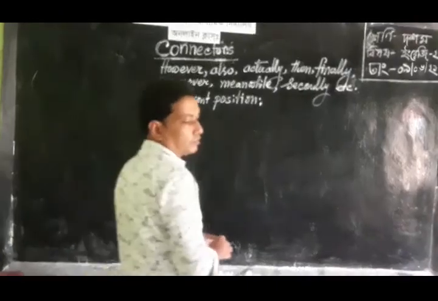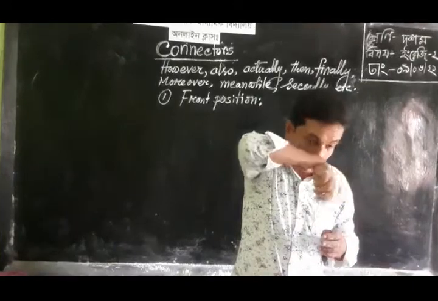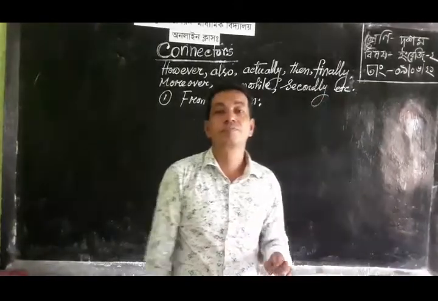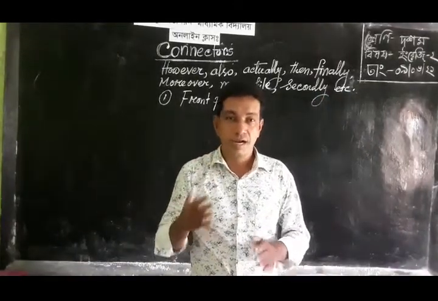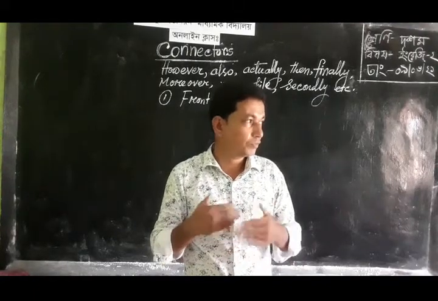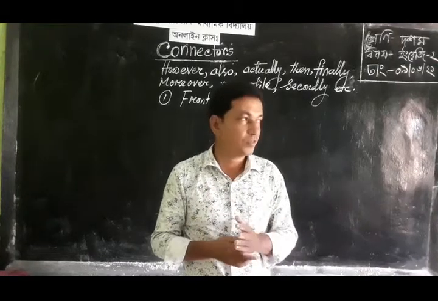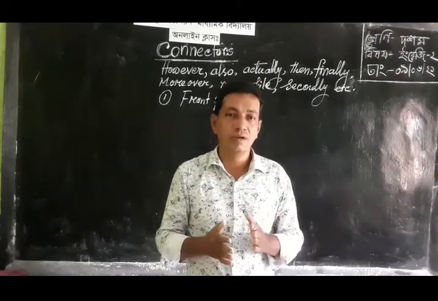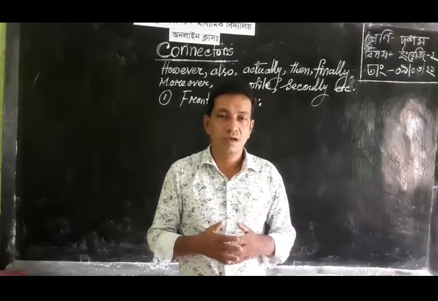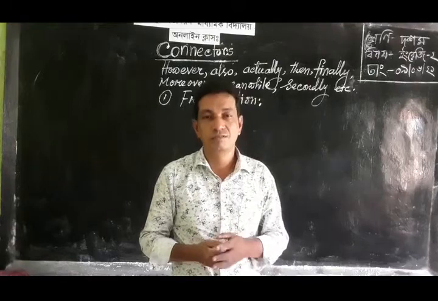Front position, because in this area connector can sit at the very beginning of the sentence, because it sits before the subject. There are so many connectors like this that can sit before the subject or before the sentence.